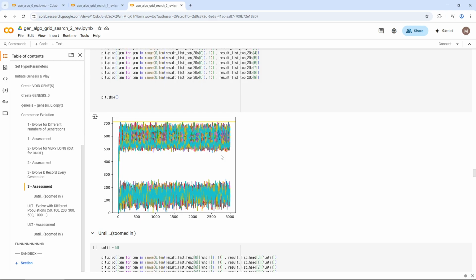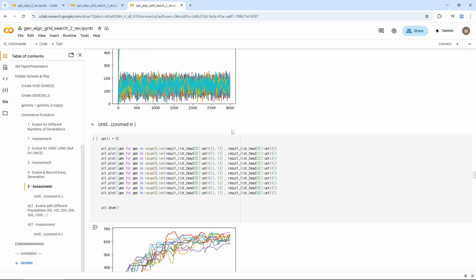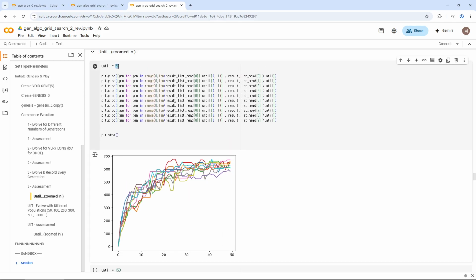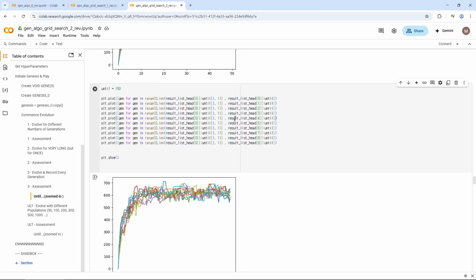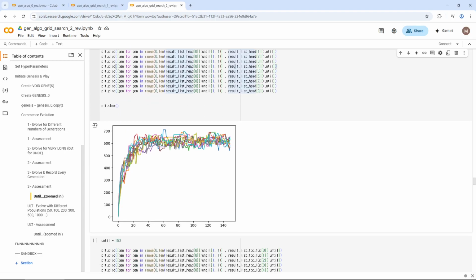So same, we see that it's oscillating. 50 for heads until generation 50, generation 150 for heads. They're not even, with this small population, the heads aren't even reaching the 700 level consistently.